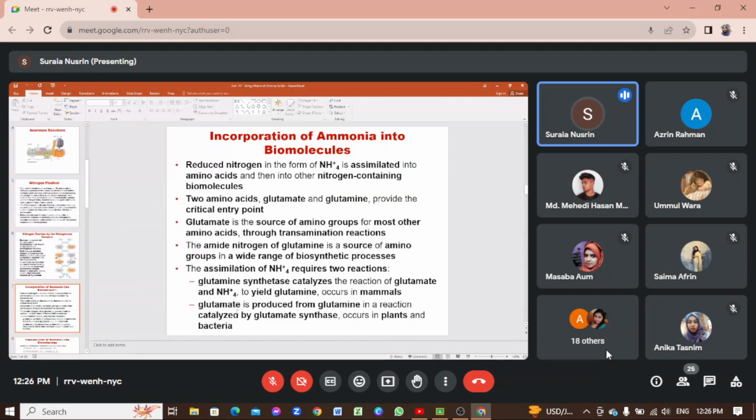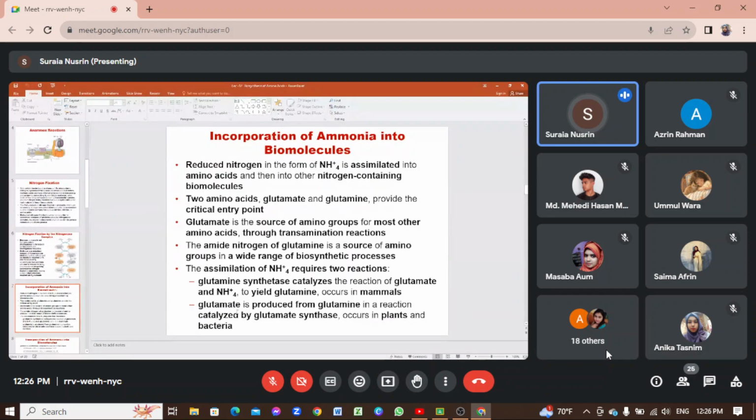In the case of glutamine, it has the amide nitrogen, which is the source of the amino group in different biosynthetic processes. So altogether there are 2 reactions by which the amino group is assimilated. One reaction is catalyzed by glutamine synthetase.